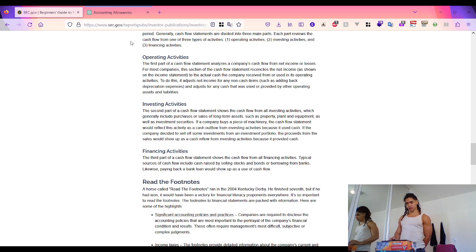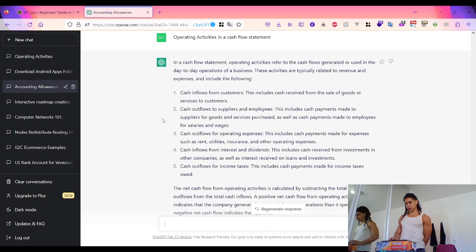The operating activities refer to the cash flow generated or used in the day-to-day operation of a business. So you have cash inflow from customers, cash outflow to suppliers and employees for operating expenses, cash inflow from interest and dividends, and cash outflow for income taxes.